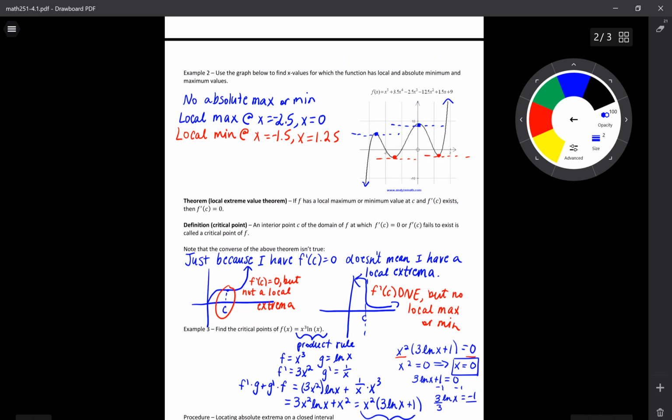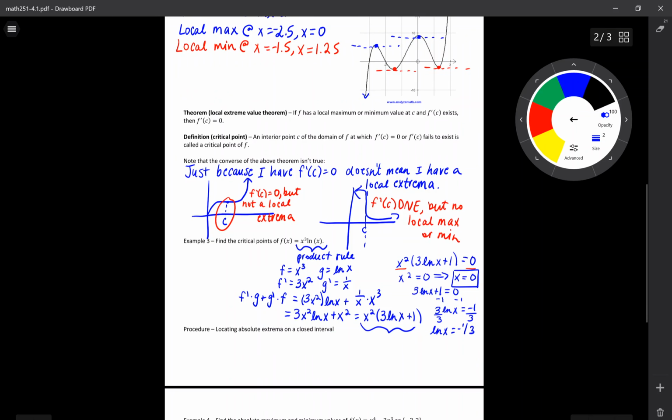Divide by 3 to get natural log of x is equal to negative 1/3. And to solve for x here, I raise e to the power of both sides, so I get e to the negative 1/3 is equal to x. So our critical points here are x equals 0 and x equals e to the power of negative 1/3. So at these critical points, some important stuff happens that we will talk about in the coming lessons. But for now, we are just calling these our critical points.